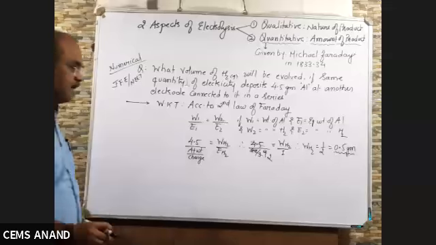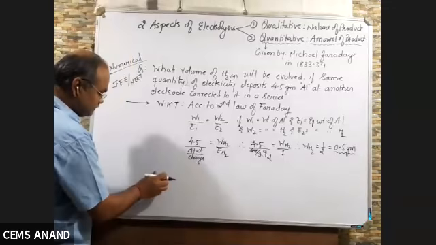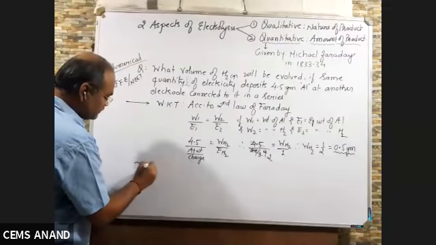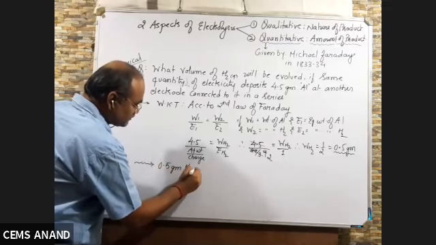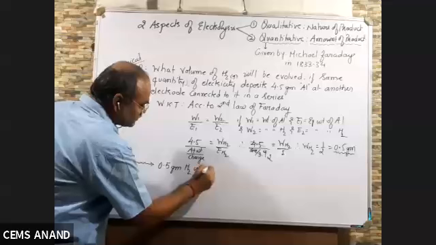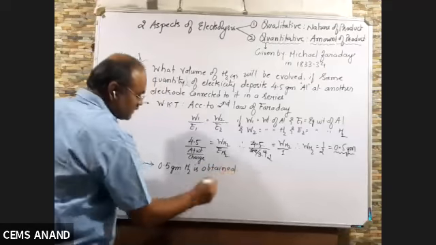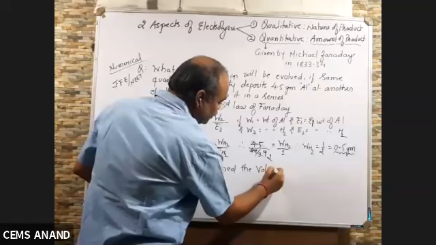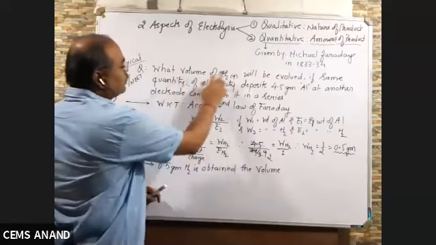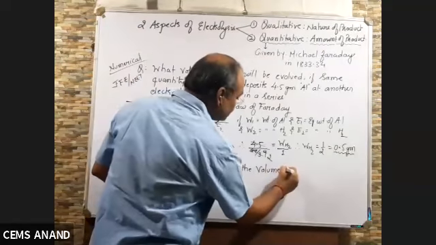And if 0.5 gram H2 is obtained, then what volume of H2 will be evolved?